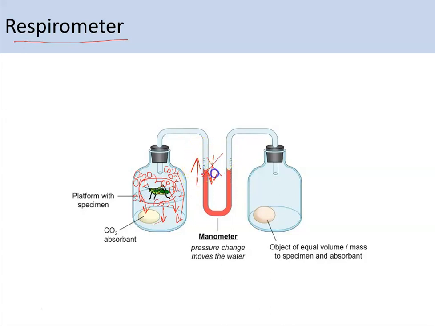So this is not correct. Why? Because the oxygen will be used and there is no carbon dioxide, because it will be absorbed by the absorbent. And the pressure, sorry, not the volume, the pressure is changed.